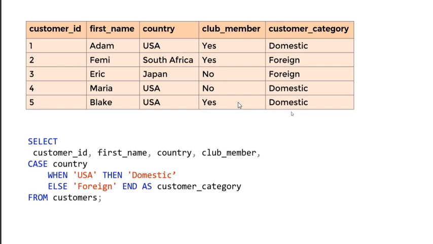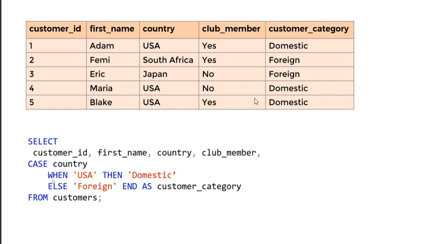So here is the syntax difference: instead of writing case when, we have case, and then after that we specify a column.